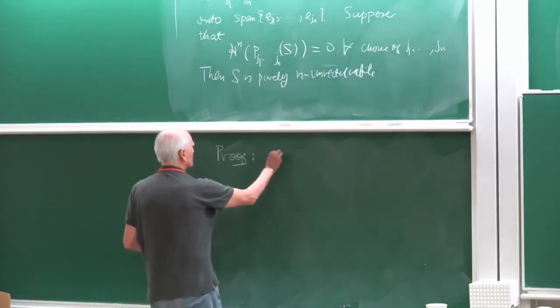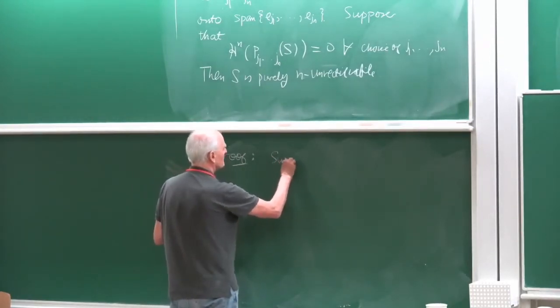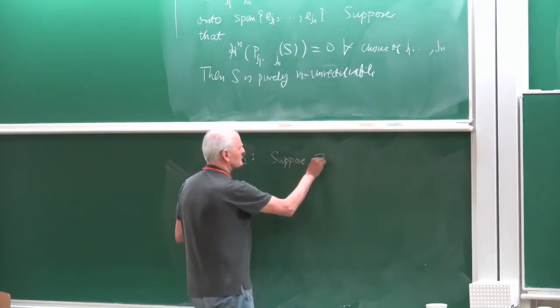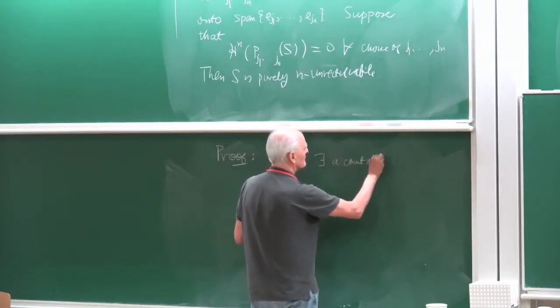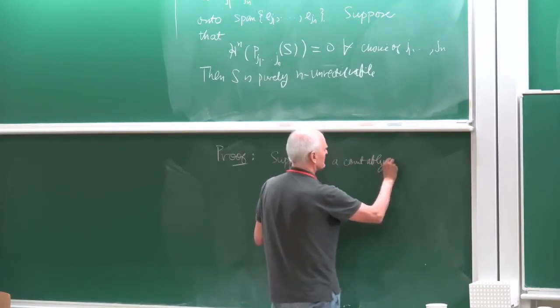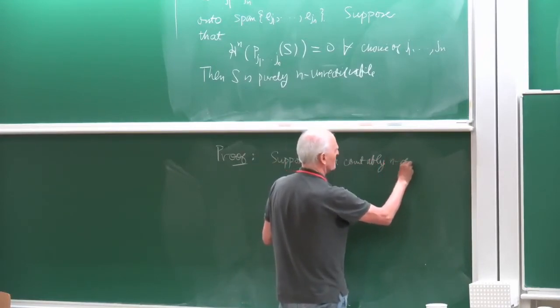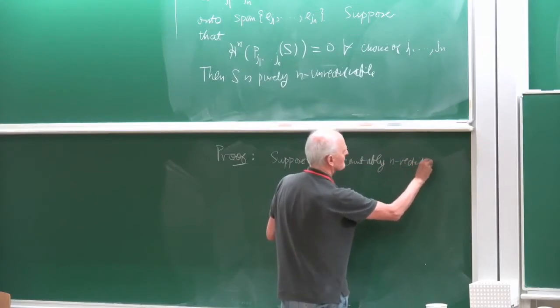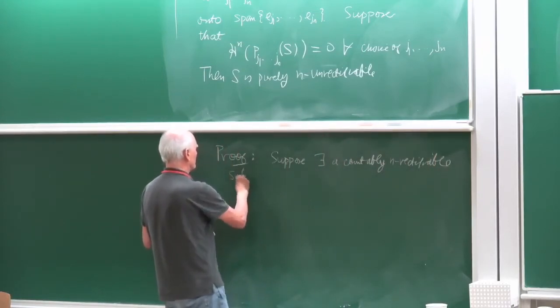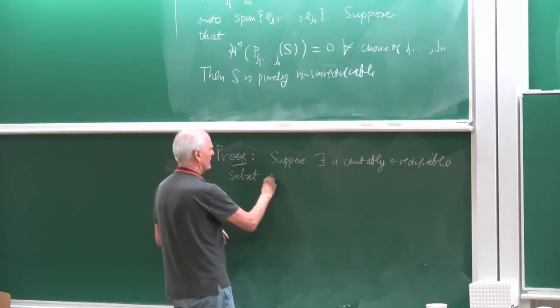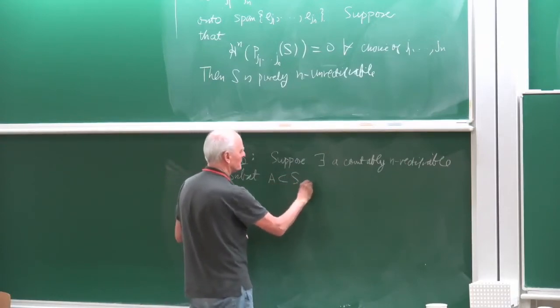So suppose there exists a countably n rectifiable subset A contained in S with positive measure.